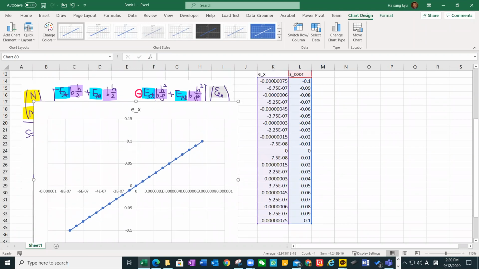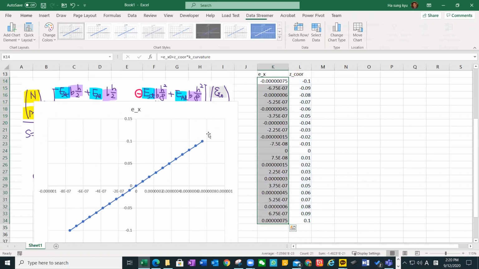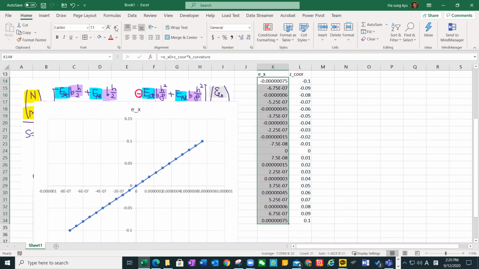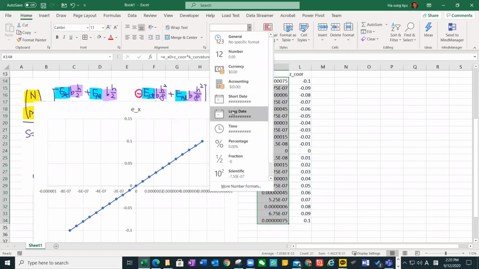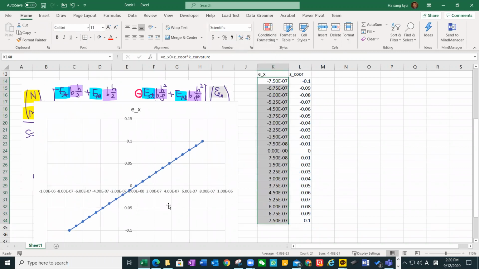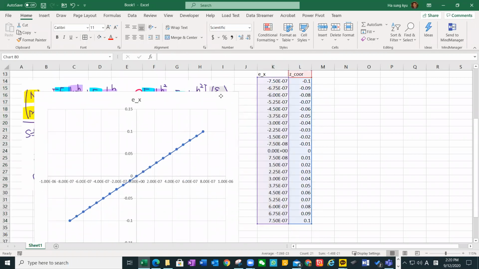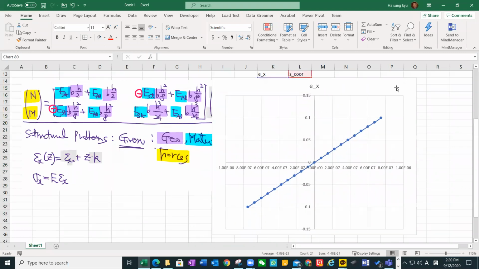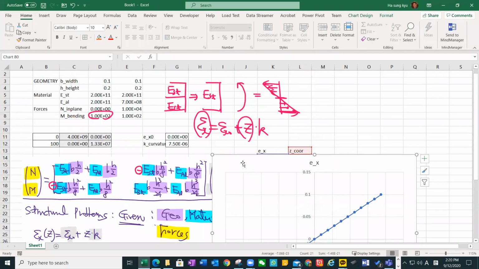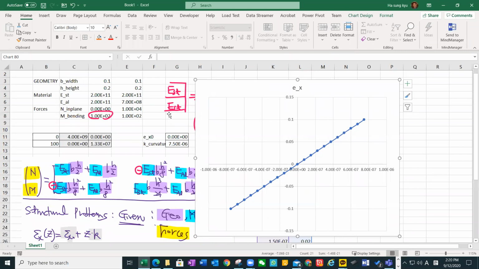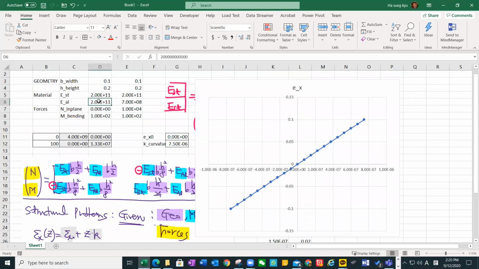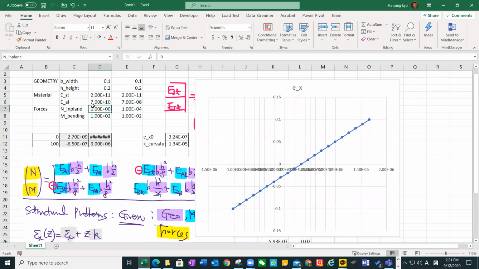I will change this value into scientific, so that it is easier to note. Okay, so this is the strain. Now it's easier for us to understand, and now we can enter this aluminum, say 70 gigapascal, and you see what will happen.